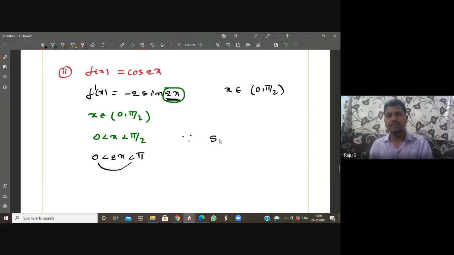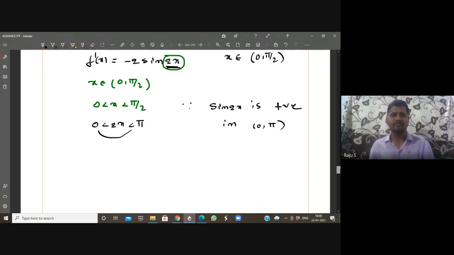Since sin 2x is positive in 0 to pi, if you take sin 2x, we are getting positive value alone.